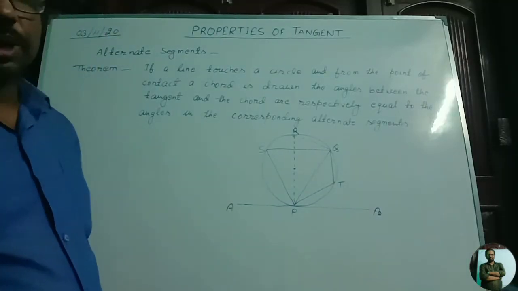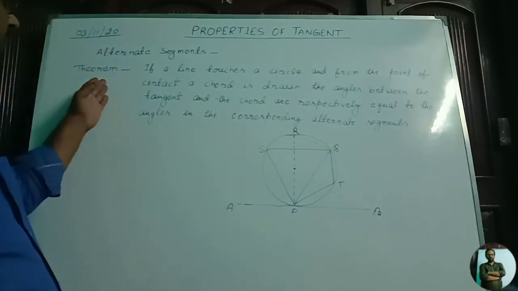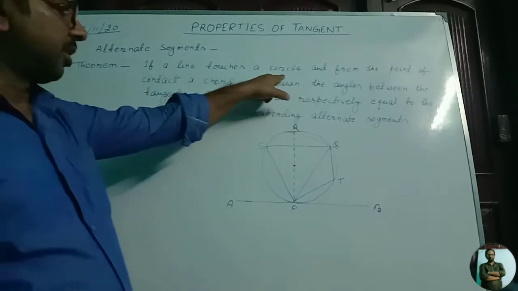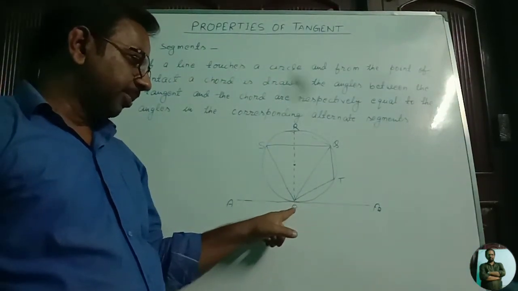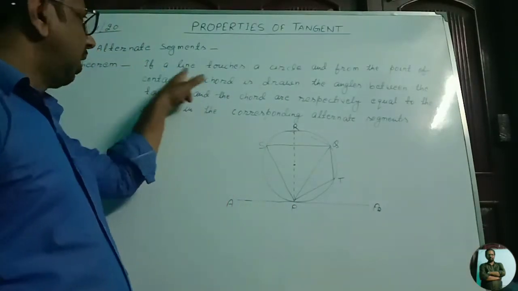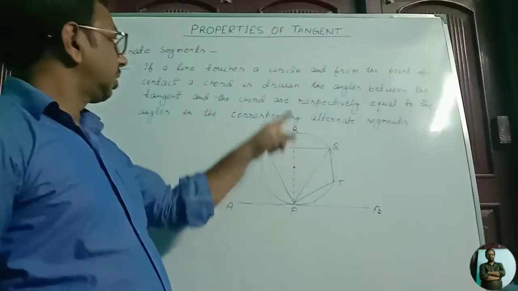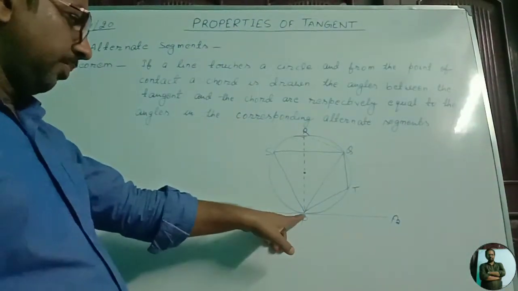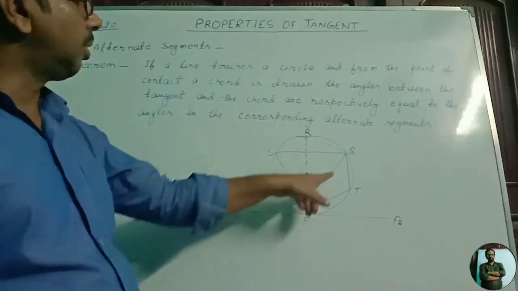Now we'll see one theorem related to the angle in alternate segment. The statement is, if a line touches a circle, AB is the line that is touching the circle at point P. If a line touches a circle and from the point of contact, this is the point of contact for line AB, one chord is drawn.